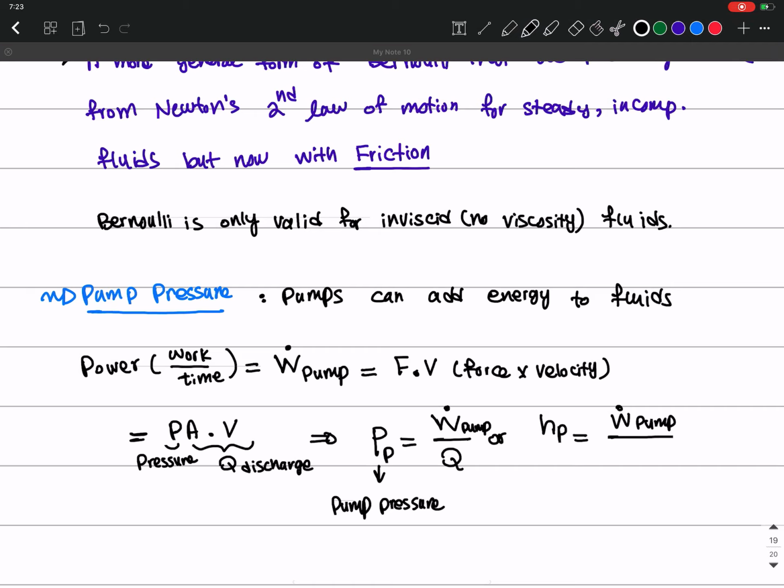So instead of pressure, you can write rho g h, right? Pressure is rho g h. So if I want to find HP, it is going to be W dot over rho g Q. So this is going to be, sorry, the pump head.